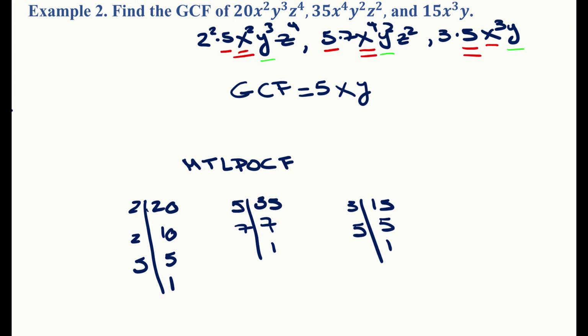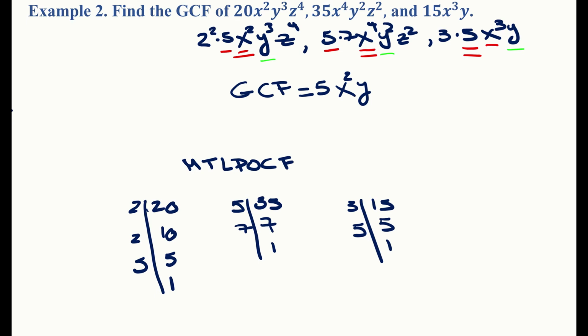So for 5, we look for the lowest power that we see, and that's just the first power itself. For x, this one is x squared, this is x to the 4, and this is x cubed, right? So which one is the lowest power? As you can see, it's the x squared. And for y, we look at y cubed, y squared, and y.